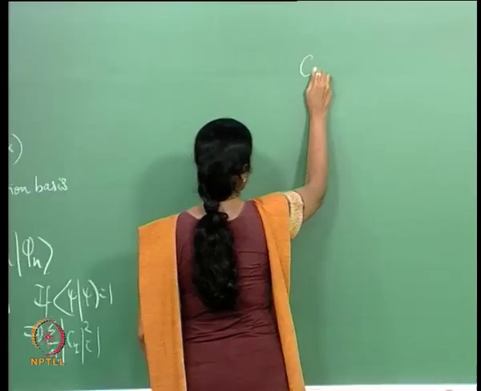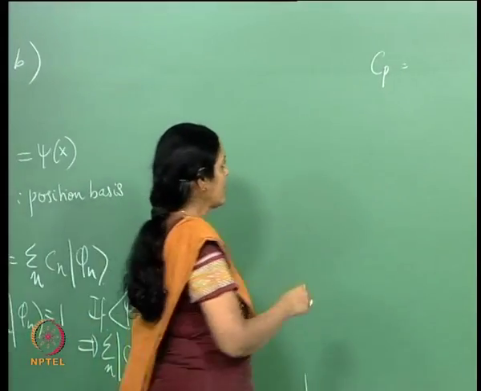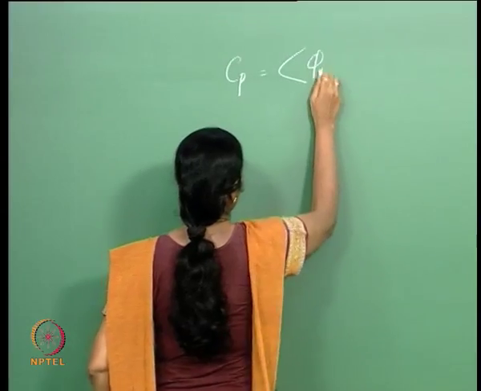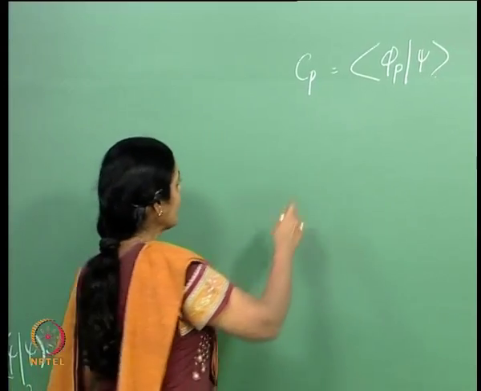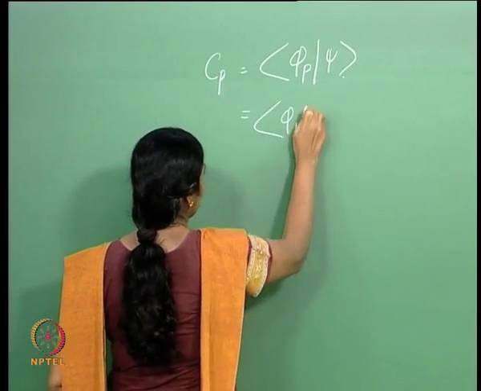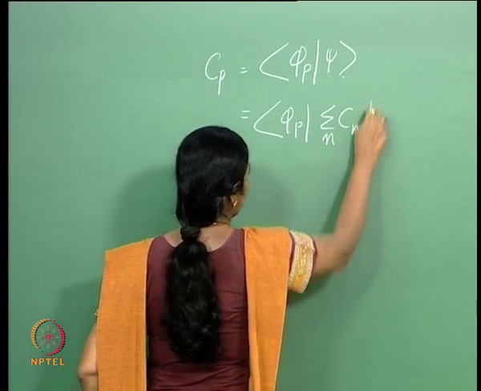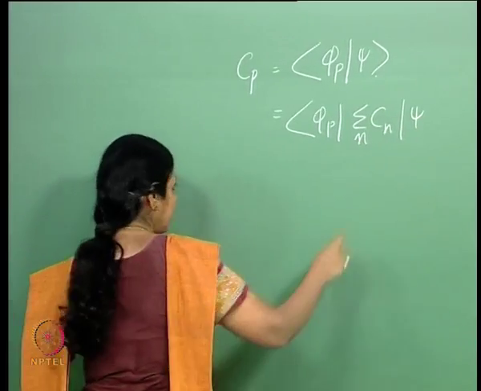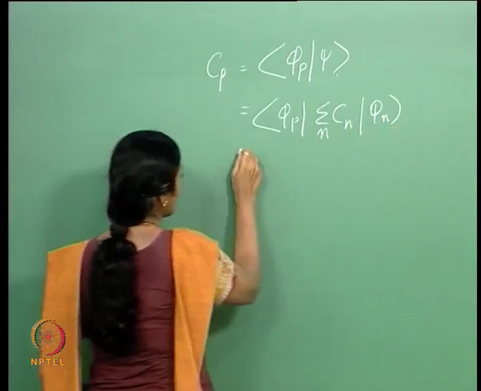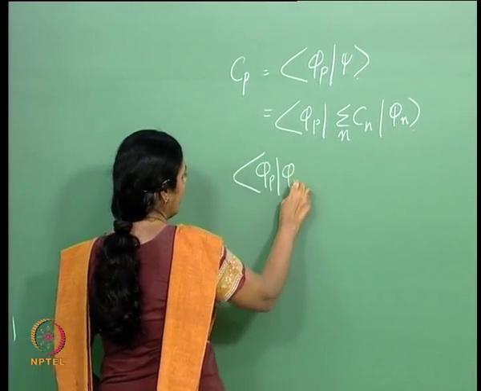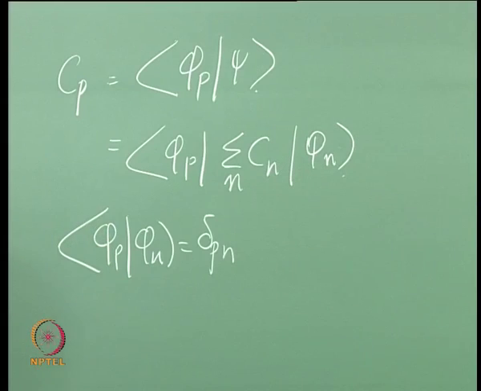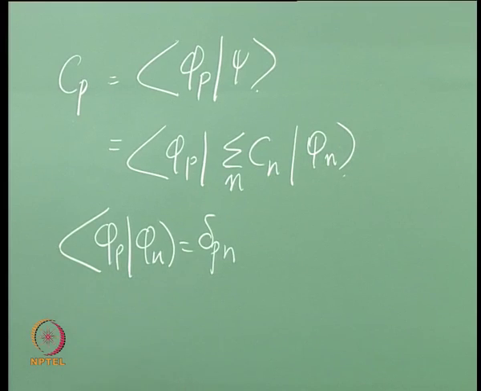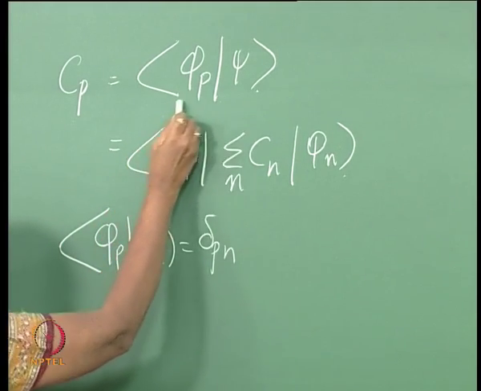Equally true, I get a particular coefficient Cp as the inner product phi p psi, because this is like phi p summation over n Cn phi n, and I use the fact that the inner product phi p phi n is delta p n, and therefore I get Cp.